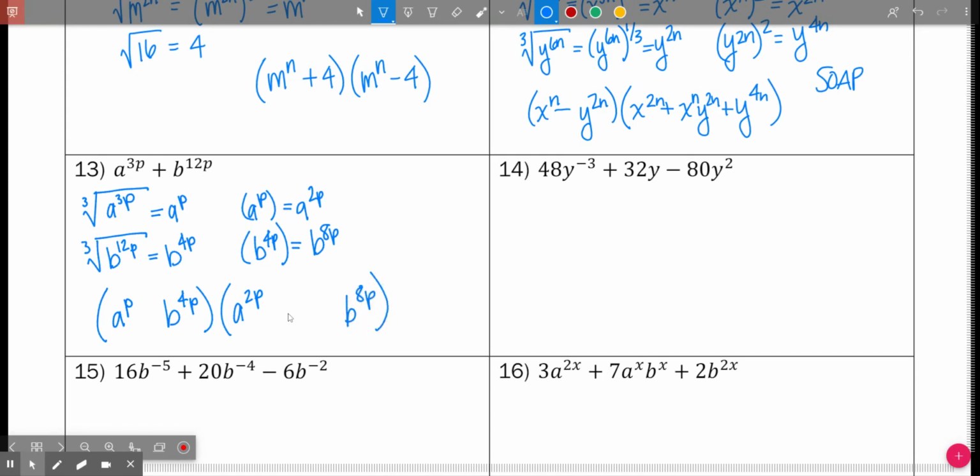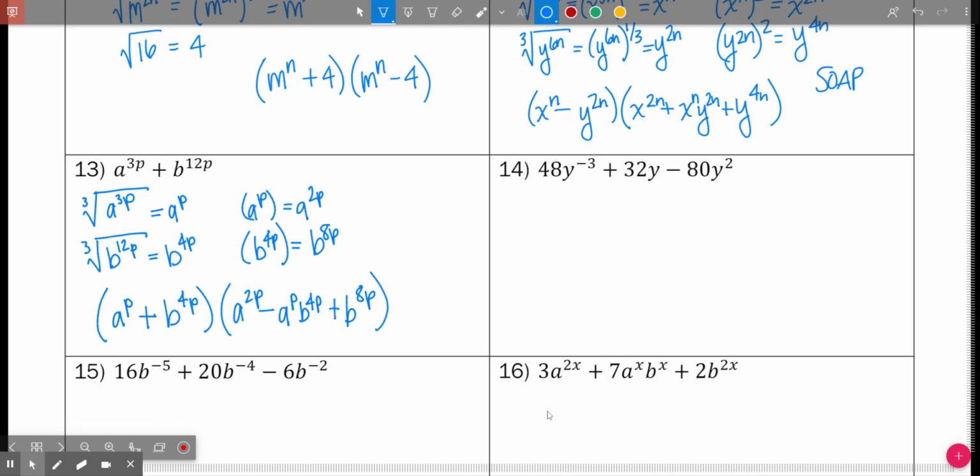In the middle are my two cube roots multiplied, so a to the p times b to the 4p. And my signs are the same, opposite, always positive.